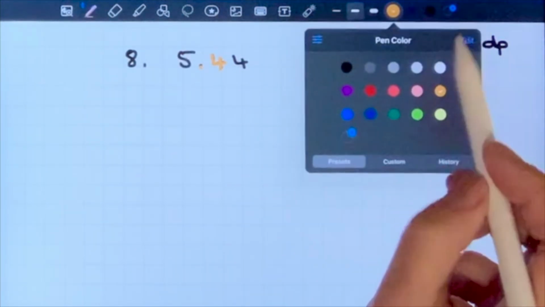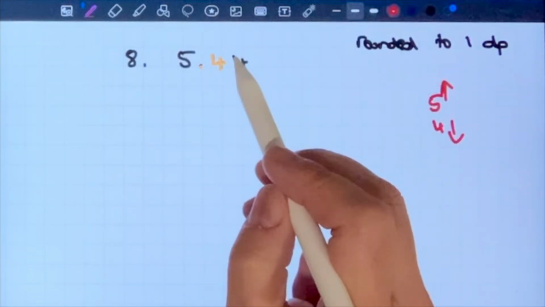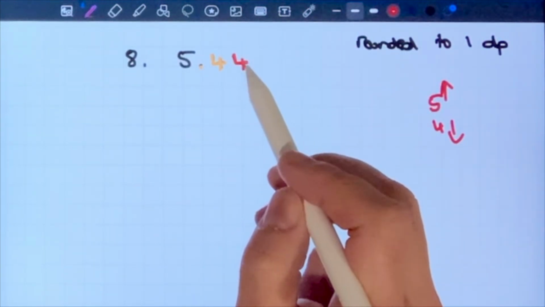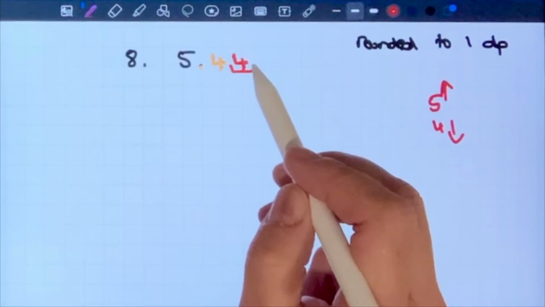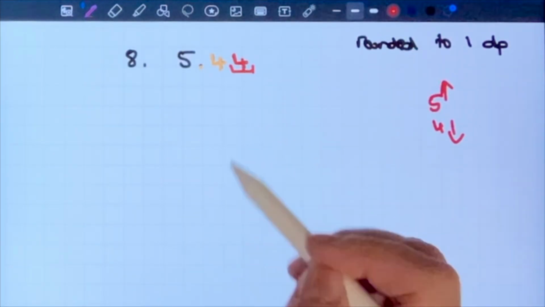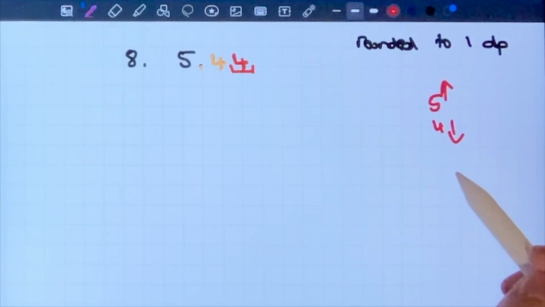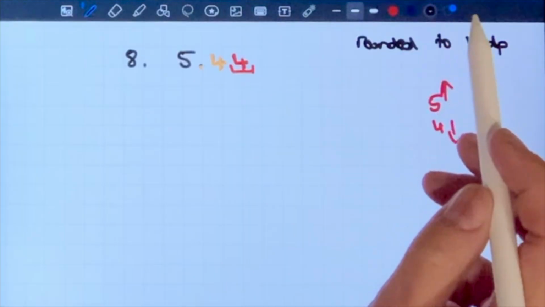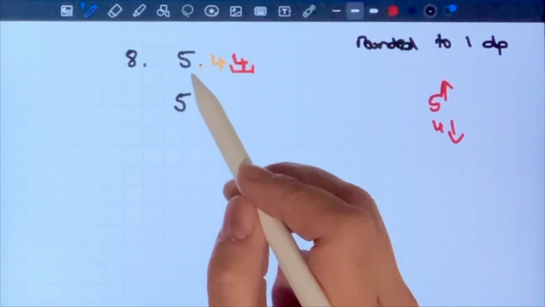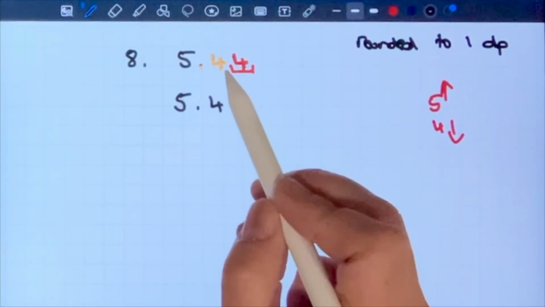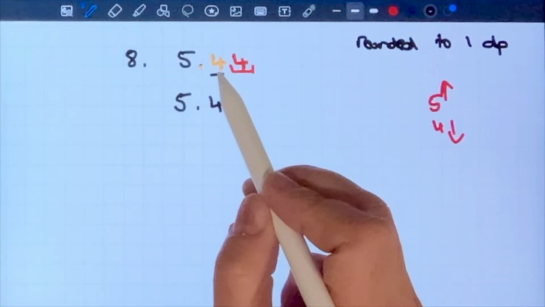To know whether to round it up or down, I look at the digit immediately to its right, which is the critical digit, which is a 4. 4 falls into this category of being rounded down. So my number now becomes 5.4. It stops there.